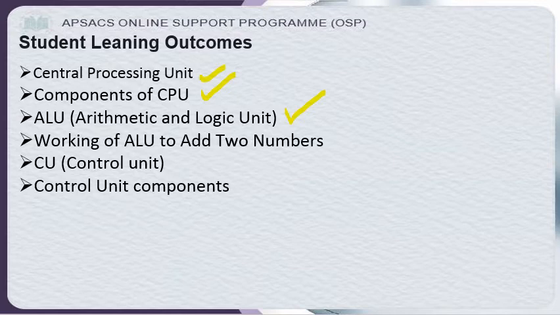The first one is the arithmetical logical unit, which we will discuss in today's lecture. Then we are going to discuss how the addition of two numbers is done inside the ALU.